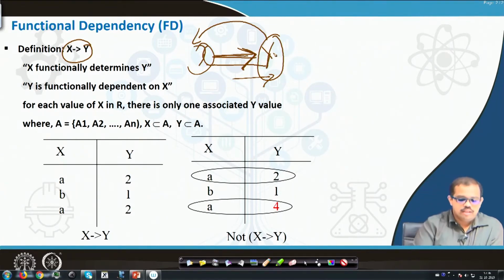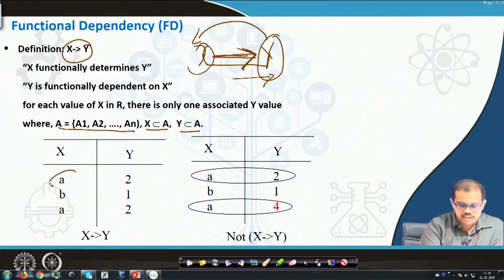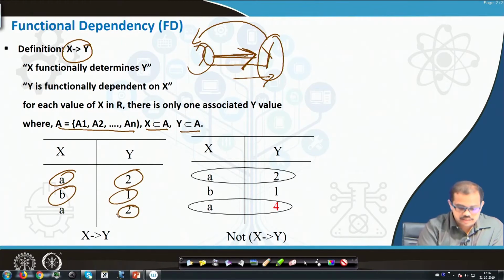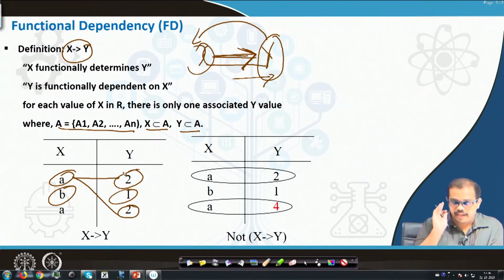Let us consider this as a particular set, where x belongs to A and y also belongs to A. If it has to be functionally dependent, then looking at x and y here, y is functionally dependent on x.